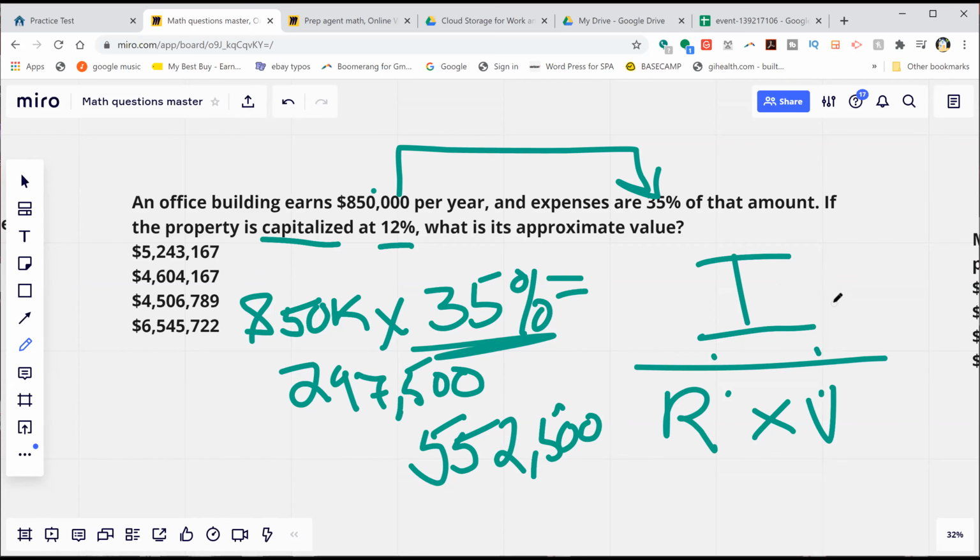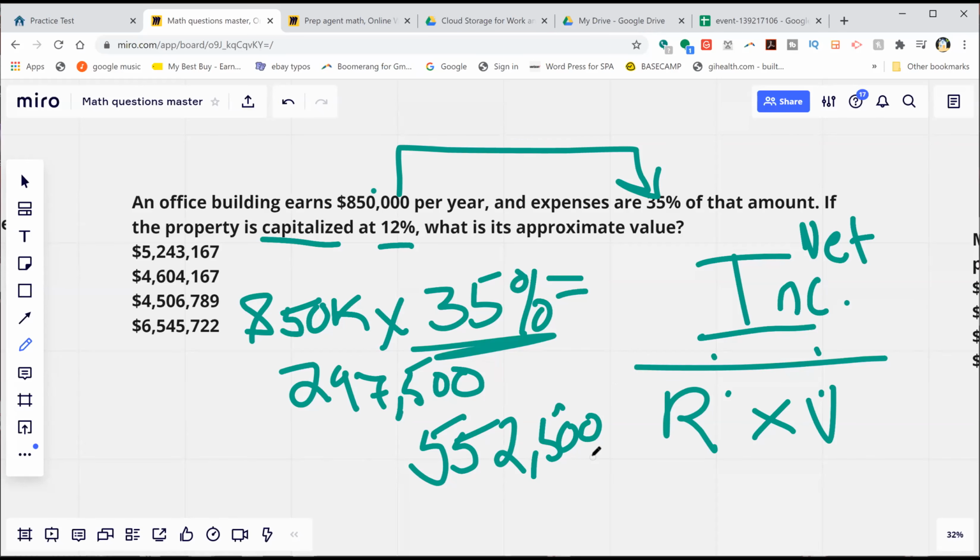Because when you see expenses, income is also referred to as net income. So if they just give you in the problem an income without expenses, then assume that it is net income.